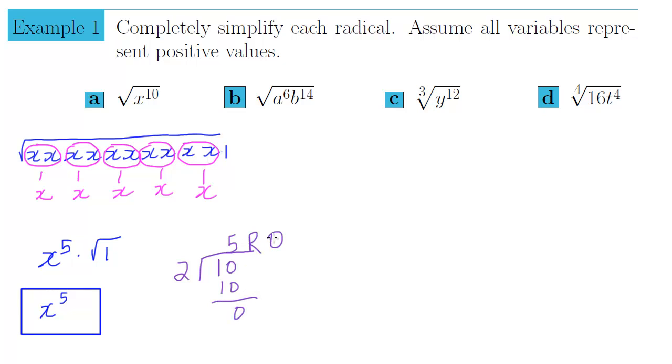with no remainder. This division problem tells you everything you need to know to simplify root x to the 10. It says we have 5 groups of 2, which means you're going to have an x to the 5th outside. And it says we have nothing remaining, which means you're going to have no x's left on the inside.